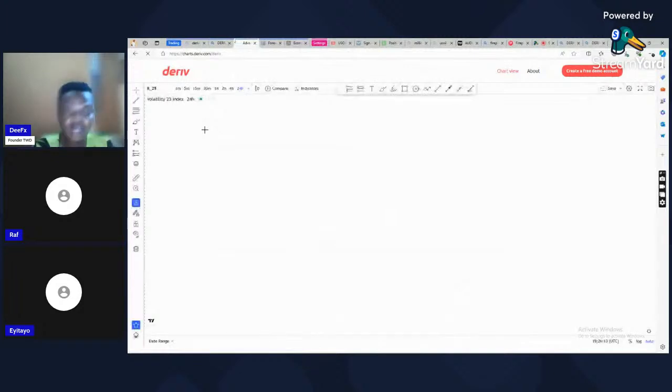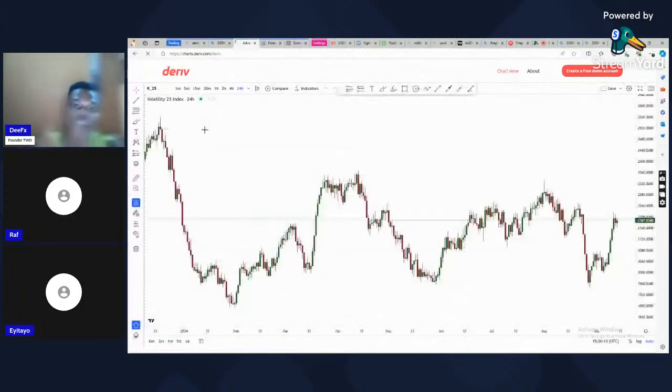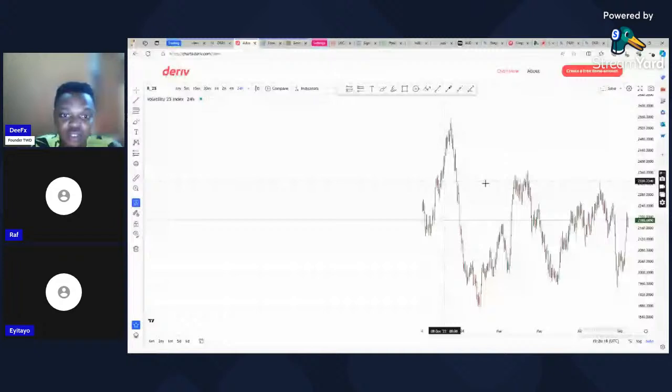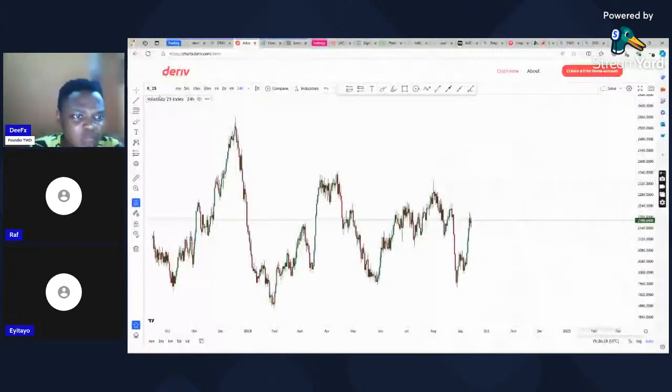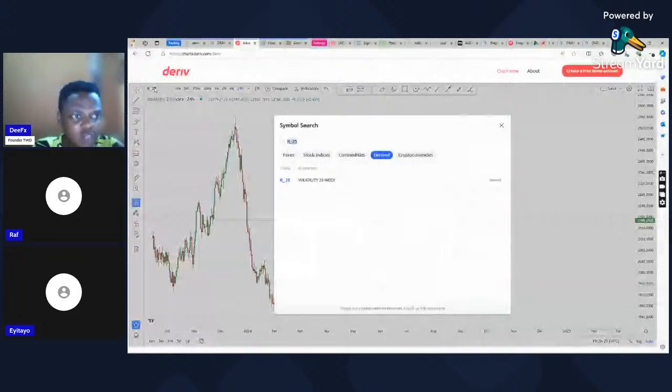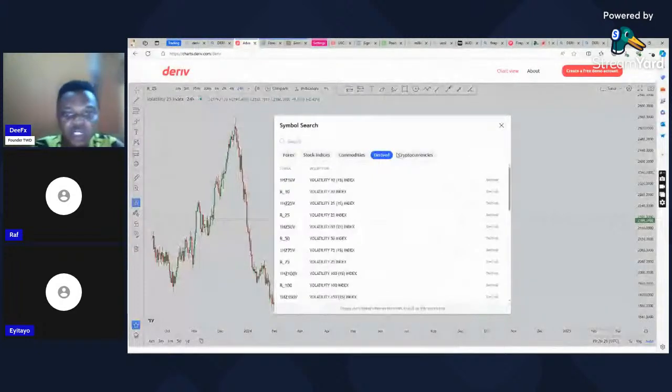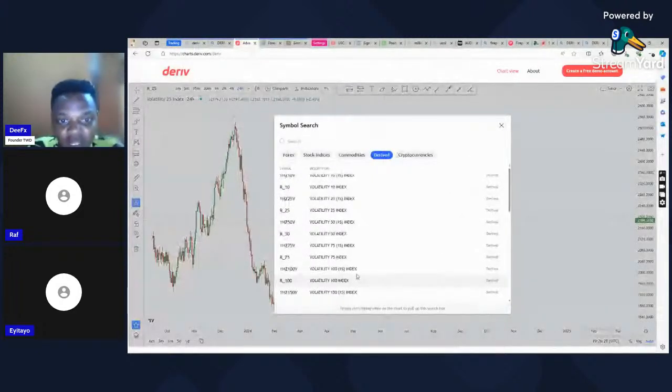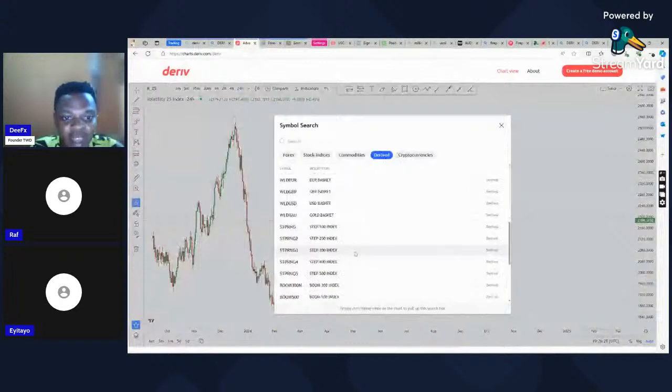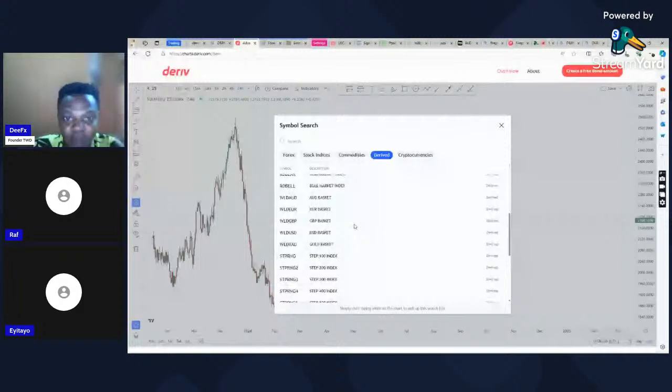Once you've done this, you have a very neat platform like this. The next thing you want to do is click on this symbol search. Make sure you are clicked on Deriv, then go ahead and input the particular Deriv synthetic that you want to analyze.